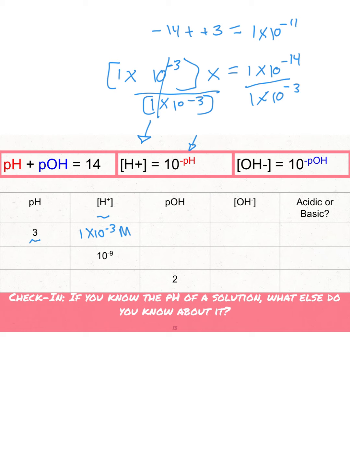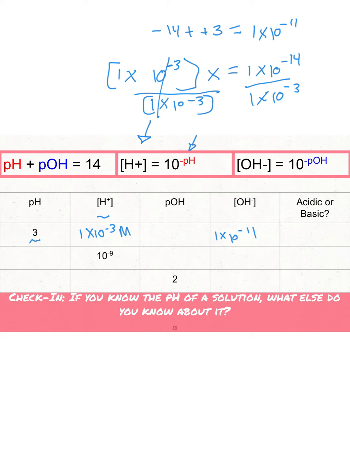That is actually going to go into my OH concentration. So this is 1 times 10 to the negative 11th.